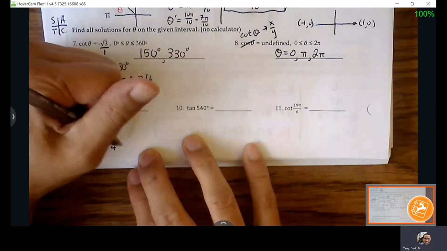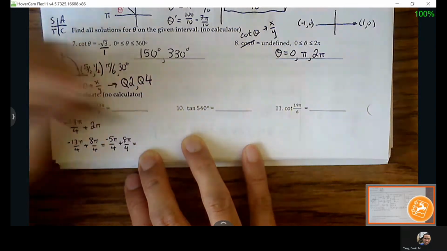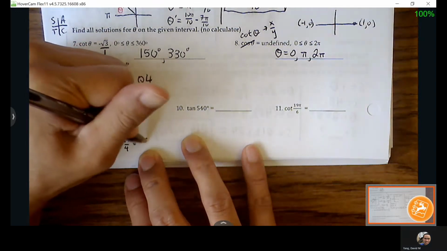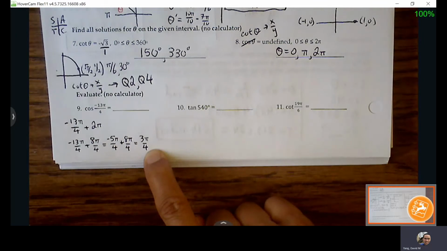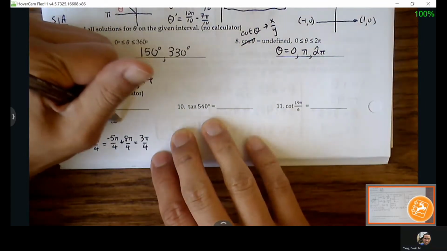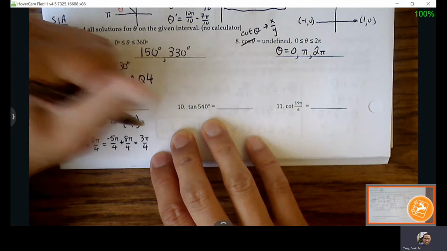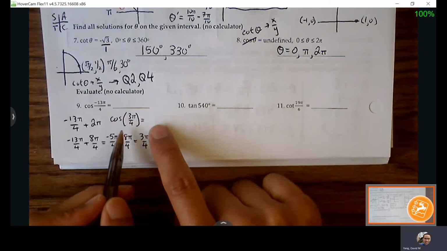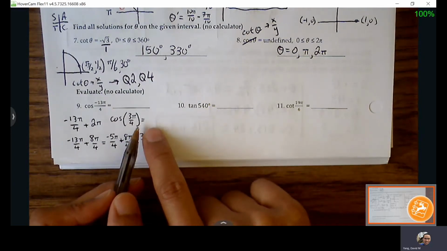I'll add another 2 pi. You guys get that? 3 pi over 4. Okay. So now cosine of 3 pi over 4. We know that cosine is going to be negative in the second quadrant, so negative root 2 over 2.